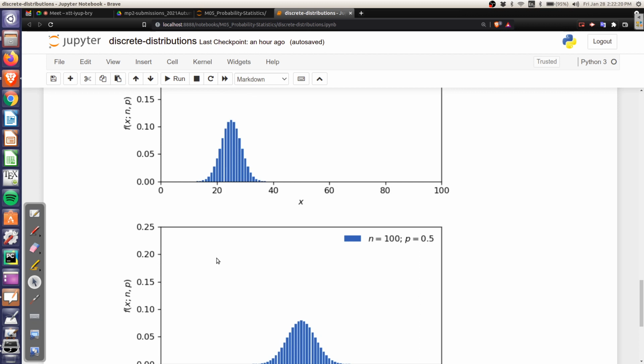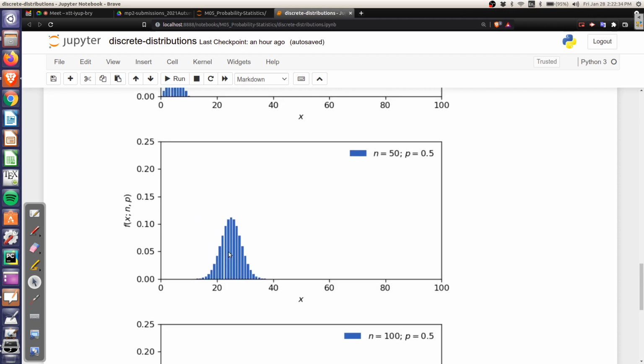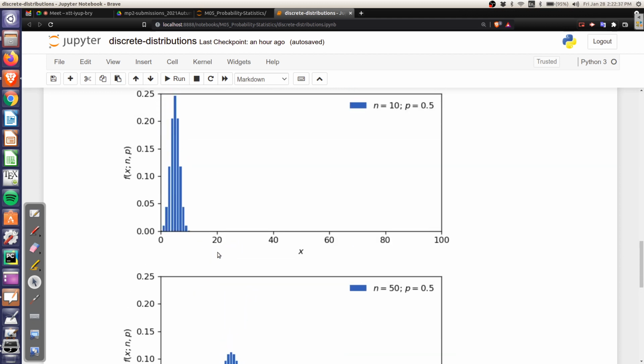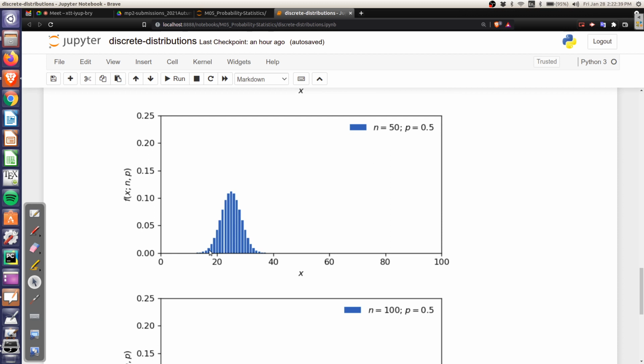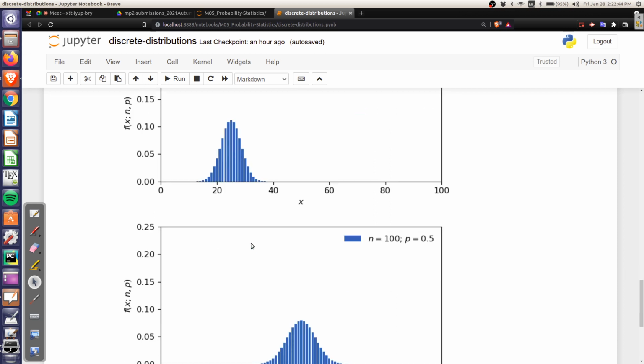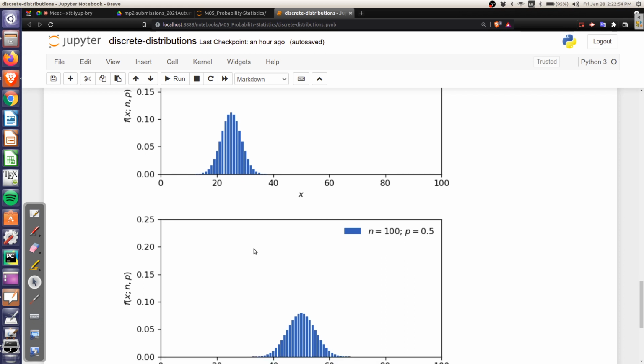Anyone? Vishal, you have been silent. Laboni, what do you think? Should the area remain the same or should it decrease? As it is, of course it should decrease, but why should it decrease? That's the question. Laboni? Yes?